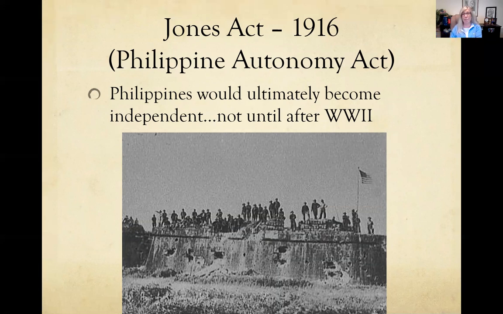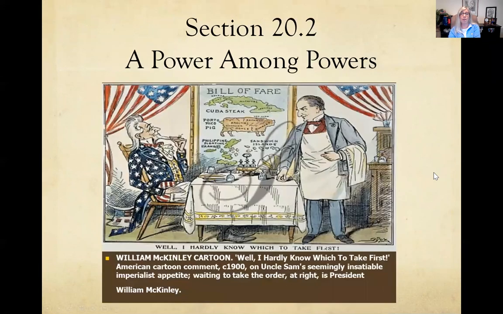But again, it's not going to be clear when that will happen, but it comes after World War II in 1946. And that's going to partially be because of the role that the Philippines and the United States will play in the Pacific part of World War II.